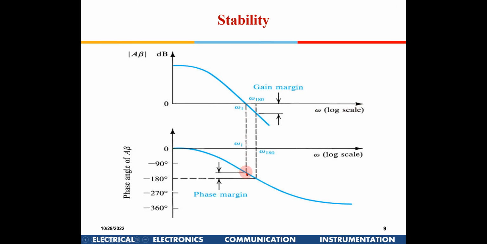If the phase is not at 180, that is, it is less than 180, then that is known as the phase margin. That indicates that the system will be stable.